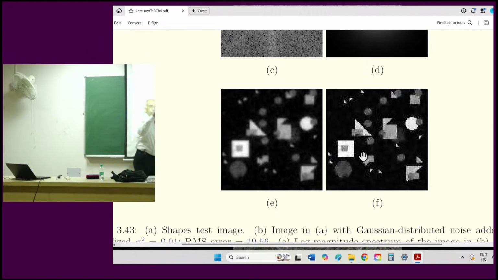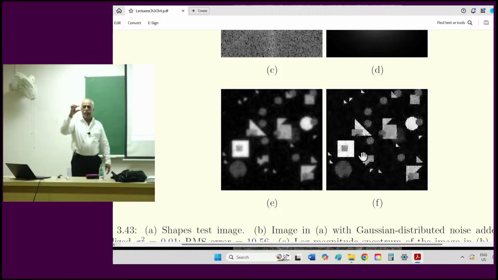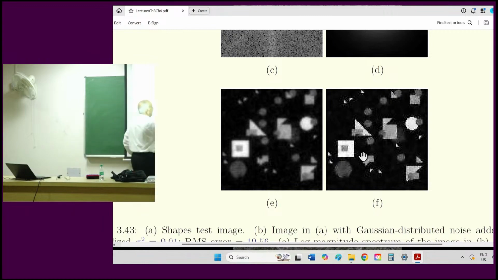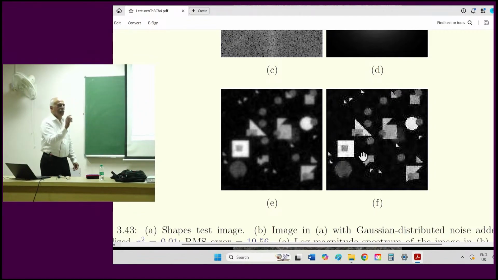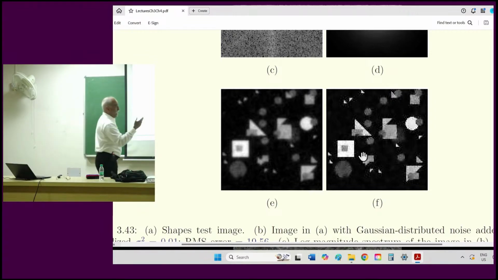The filter needs some space to compute the statistics, and as you are moving, the statistics are changing. But some parts it cannot adapt well. You need to have some local stationarity for the filter to adapt. And then if the statistics change slowly, it'll work. If the statistics change rapidly, then the filter may not be able to adapt. Still, this is better than that.